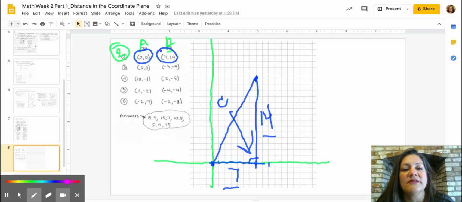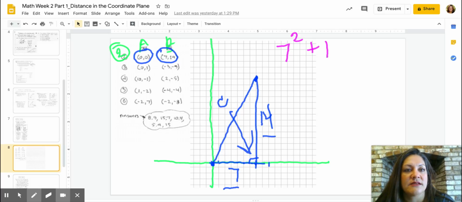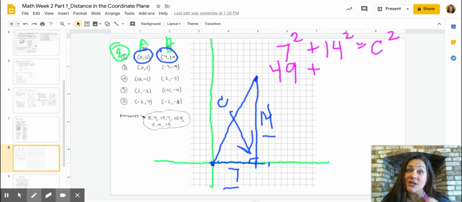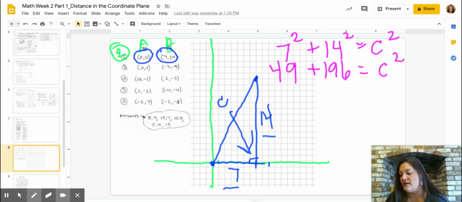Okay, so we have a squared plus b squared equals c squared. Okay, so I know 7 times 7 is 49. Plus, I don't know 14 squared, so I am going to use my calculator. 196 equals c squared. 196 plus 49 is 245.